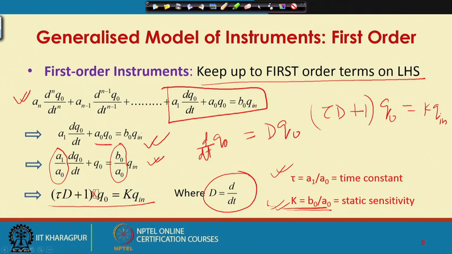This is a multiplication sign. So, a first order instrument is represented as tau d q 0 dt plus q 0 equal to k q in.